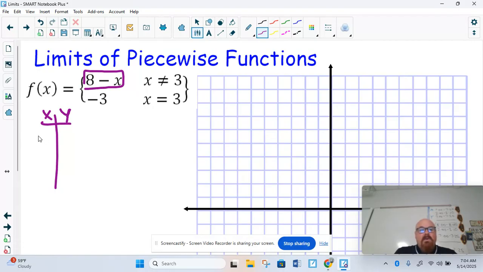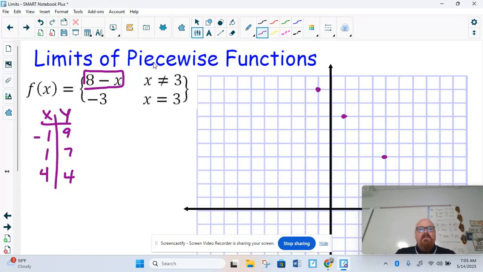So let's say we plugged in -1, and then we plug in 1, and then we plug in, let's do 4, because that's on the other side of 3. If I plug -1 in, I get an output value of 9. If I plug in 1, I get 7. If I plug in 4, I get 4. So over 4 and up 4 to here.